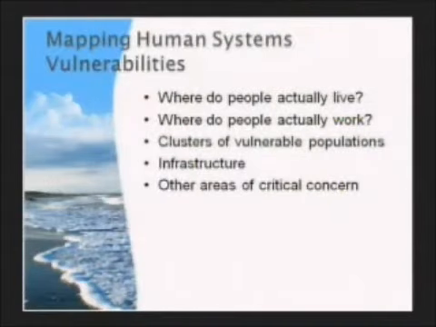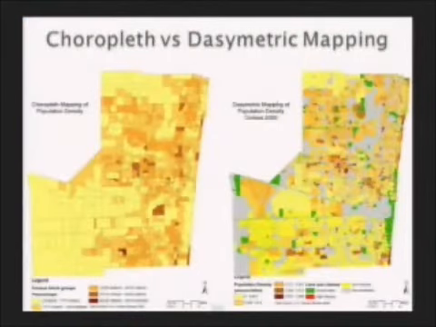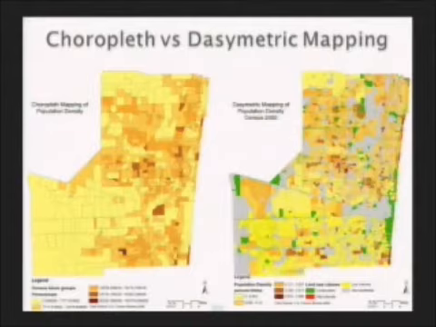Then I started talking about mapping human system vulnerability. Where do people actually live? Where do people actually work? Where are the clusters of vulnerable populations and infrastructure, and what are the other areas of critical concern? With Dr. Sinar and Dr. Lee, we did another study, and this is the choropleth mapping of census data.